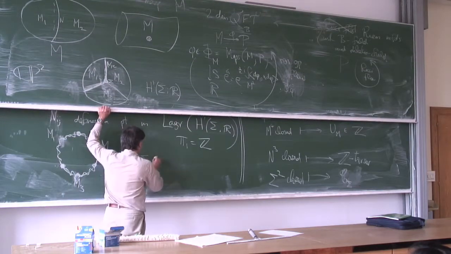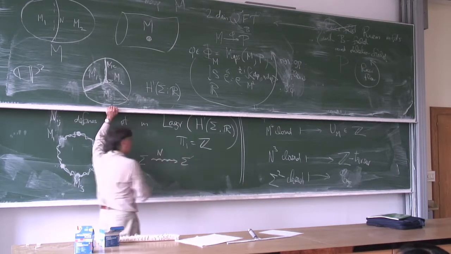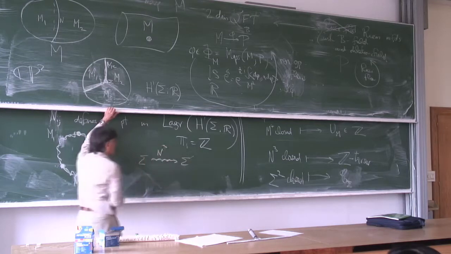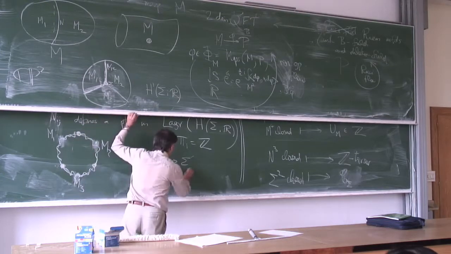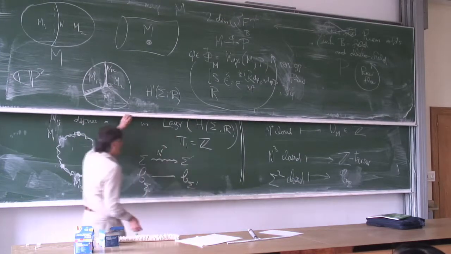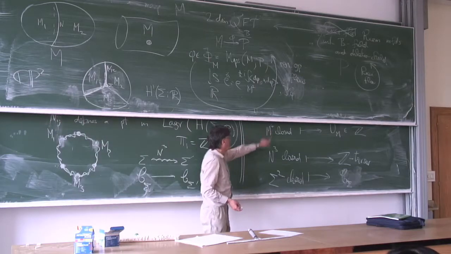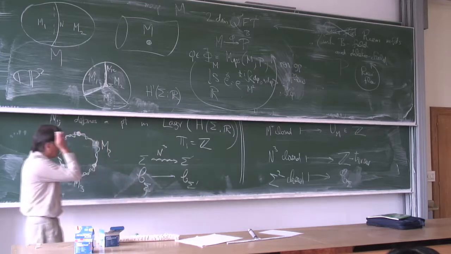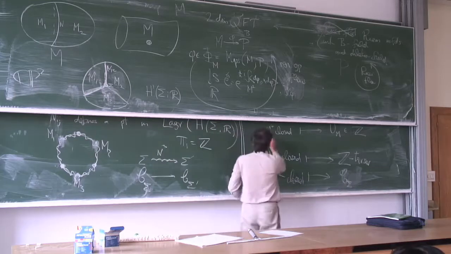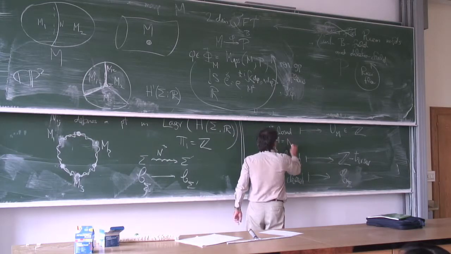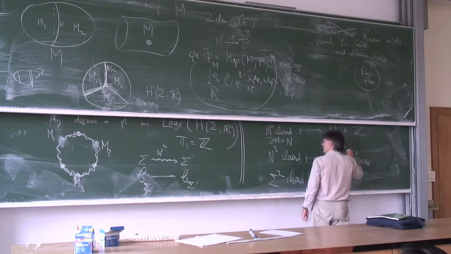When we have a cobordism like this, N, a non-closed three-manifold, we want this to give us a functor from this to this. And when we have a non-closed three-manifold, we want to say that U(m) will be in.